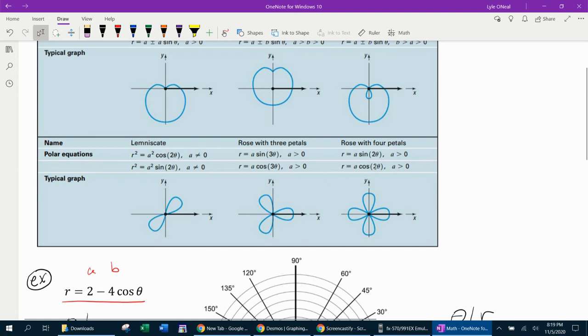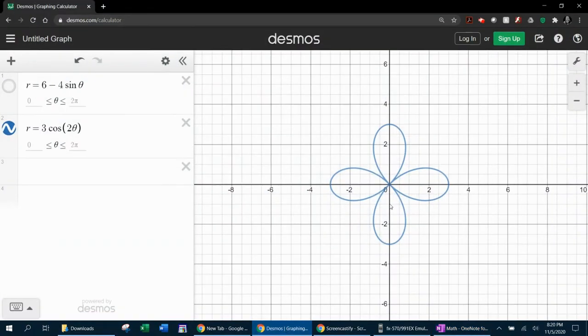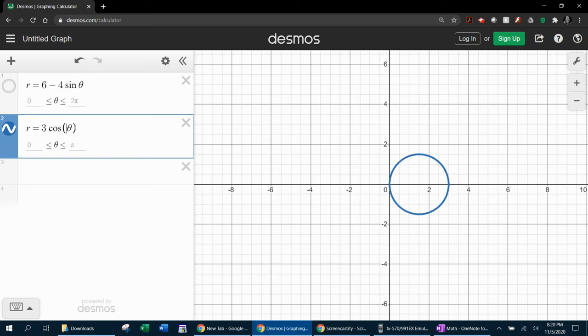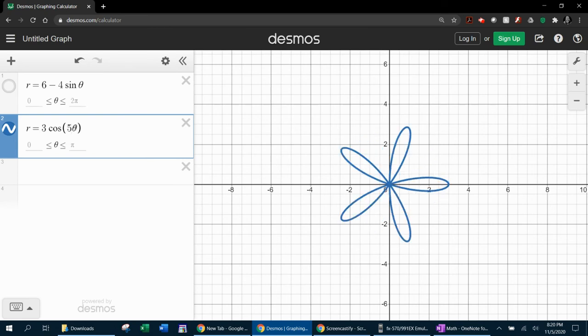And I said if the coefficient of theta is even, you have to double it to get the number of petals. So there's that one. And you can play with this and say, okay, what if the 2 was a 3? Well, remember I said if it's an odd number, that's the number of petals. And so if it was a 3, you'd get 3 petals. Or 5, you get 5 petals.